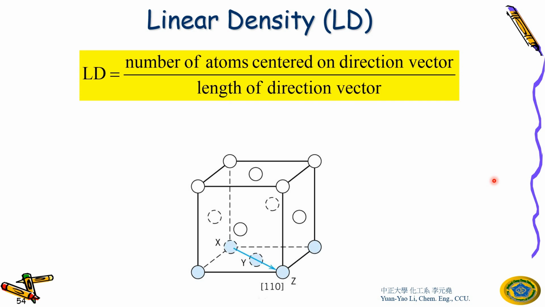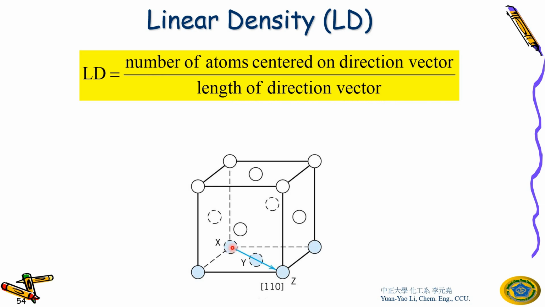So let's take a look at the definition of the linear density. You also need to remember this definition. Okay, so LD stands for linear density. LD is the number of atoms centered on the direction vector divided by the length of the direction vector.